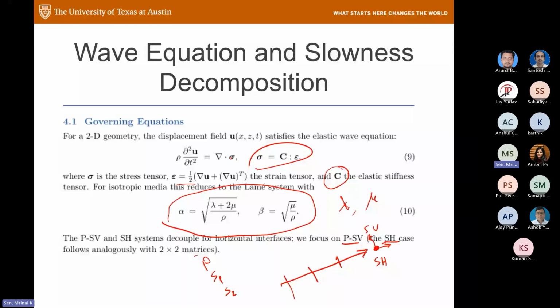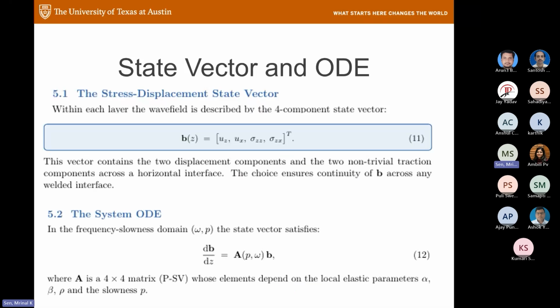Now these QP waves are also not always polarized along the direction of the ray. But the reflectivity method can handle all that. Although I'm not going to do a fully anisotropic demonstration here, we have codes for doing that.